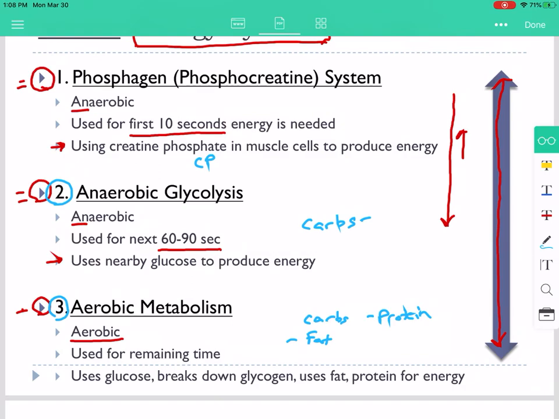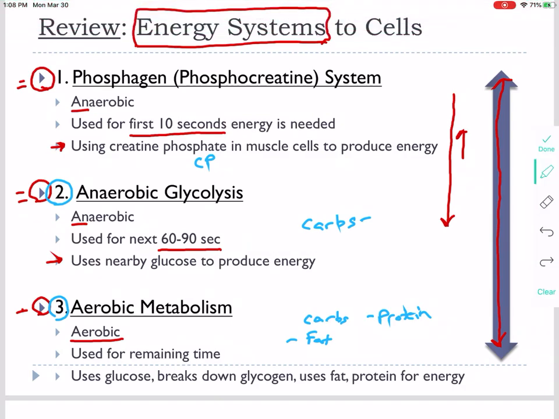If I go back and we see these first two that are anaerobic, for example, during anaerobic glycolysis, for every 1 glucose, I can only produce a yield of 2 ATP. That's not great.